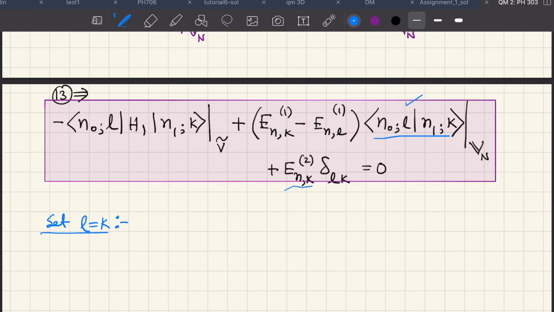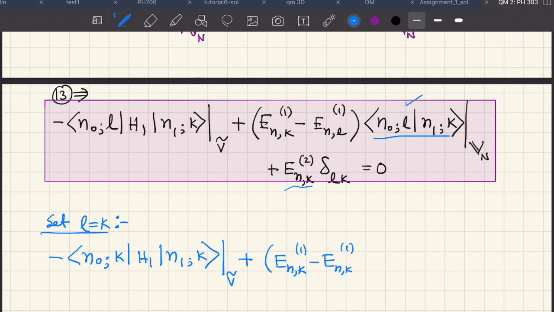And if we set L equal to K, what we will have is minus ⟨n0K|H1|n1K⟩ along V tilde plus E_{n,K}^1 minus E_{n,K}^1. This is going to be 0. This was in Vn, and then we had E_{n,K}^2 equal to 0.